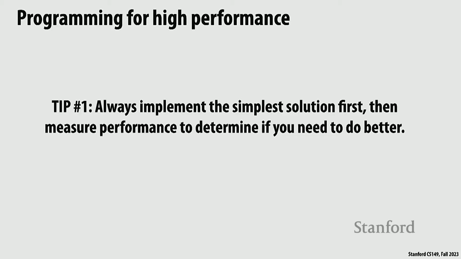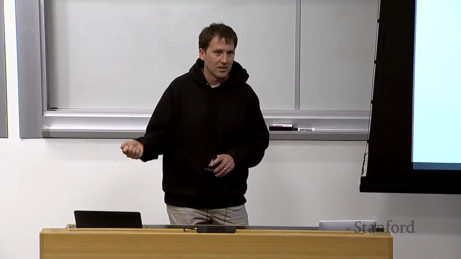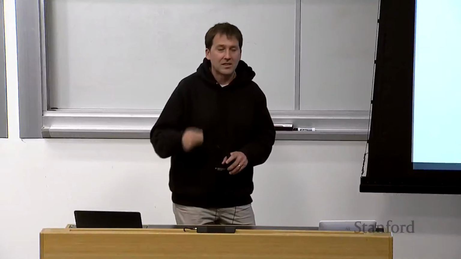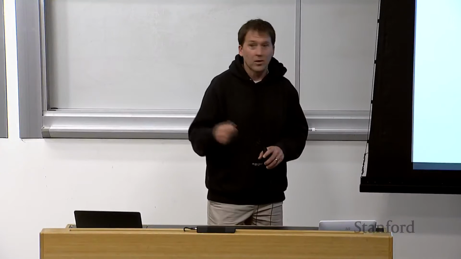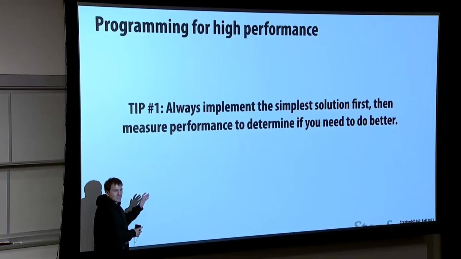And without question, I want you to take a different approach. I want you to take the simplest possible approach that gets the program working, and then the simplest possible approach to parallelize it. And I want you to measure your performance. I want you to do the types of things that we forced you to do on assignment 1. Put in some timers, figure out which thread is doing the most work, those kinds of things. And then only if performance is bad do you start doing something more sophisticated.